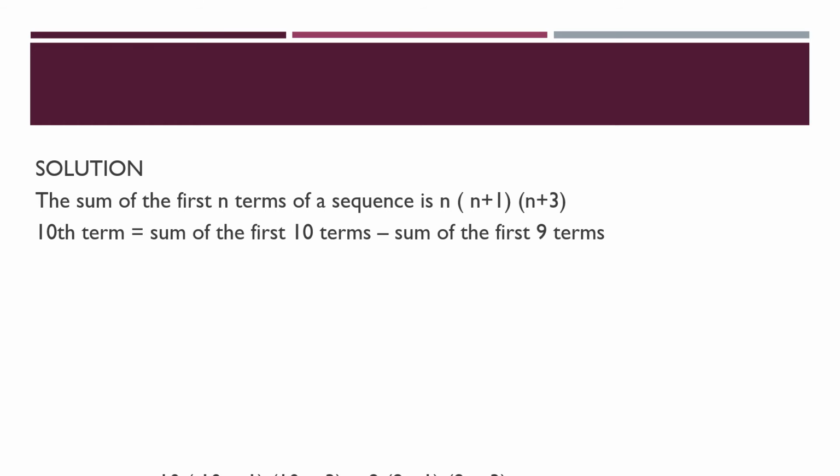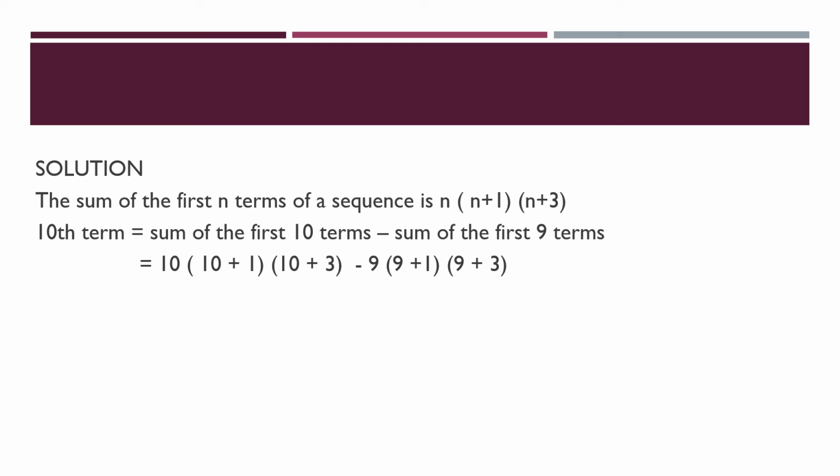So substituting, in place of n, for the first 10 terms, I'll have 10(10 + 1)(10 + 3), minus, for the sum of the first 9 terms, I'll have 9 in place of n: 9(9 + 1)(9 + 3).